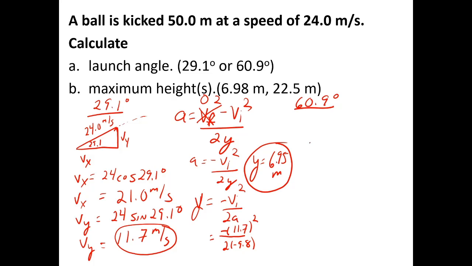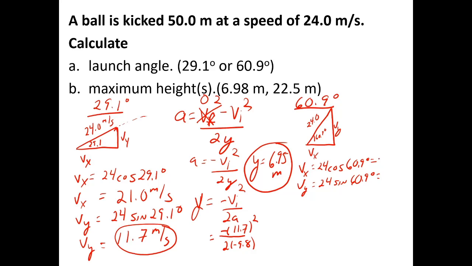Now, similarly, for the 60.9 degrees, and I hope I left enough room on the slide, we'll see. We need Vx and we need Vy. Again, the launch speed was 24. So Vx is 24 cosine of 60.9 degrees, and Vy is 24 sine of 60.9 degrees.